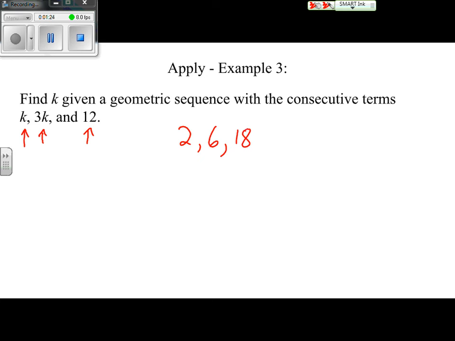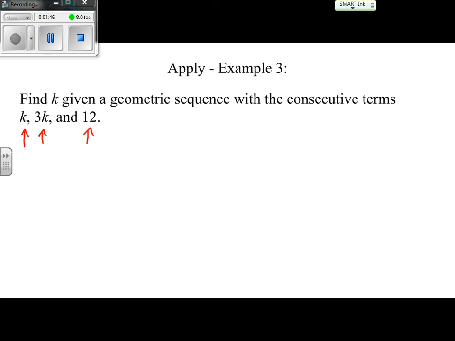And then 18. I can show that these numbers can be set equal to each other if I take pairs of them and divide backwards. So 6 divided by 2 is the common ratio of 3, but so is 18 divided by 6. I could set those equal to each other because they're all equal to 3, and so therefore they're equal to each other. Well, we're going to do the same idea here, except now we have some k's involved.